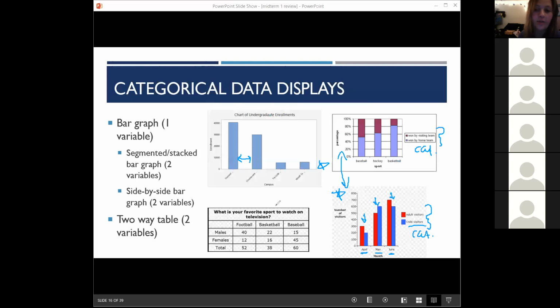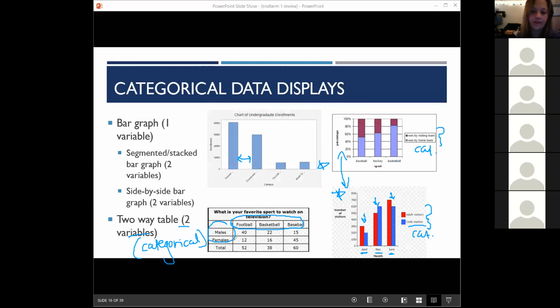Two-way table is another way to display categorical data. And basically, in this case we have gender, and then we have favorite sport to watch on television. So those are going to be our 2 categorical variables. And then we're able to see the intersection between these to show the relationship between those 2 categorical variables, dependent on the specific values that you get.